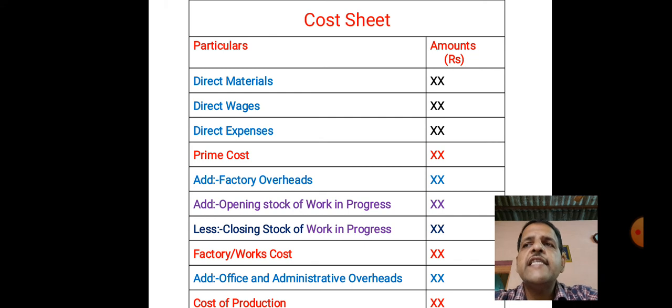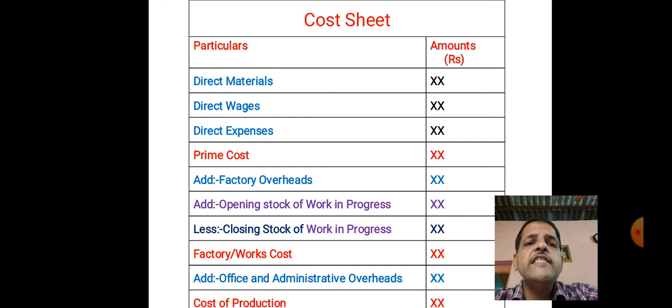Office rent, rates, taxes, staff salaries, counting house salaries, office lighting, office cleaning, printing and stationery, postage and telegram, office conveyance, depreciation of office building and furniture, office equipment, loss of profit insurance, office repairs, director's fees, sundry expenses, perks to office staff, general expenses, legal charges, audit fees, etc.